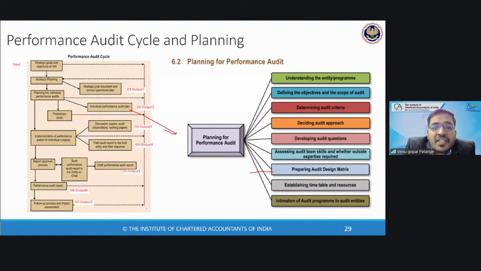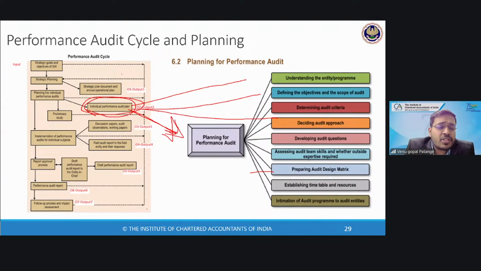So here is the link. So you have an individual performance audit plan, which got further divided into stages. So first you will discuss the cycle. Okay. Then we will discuss planning performance audit. So let us go to ICAI material.